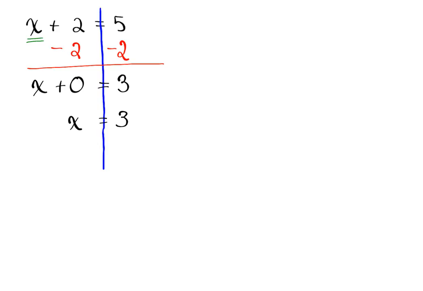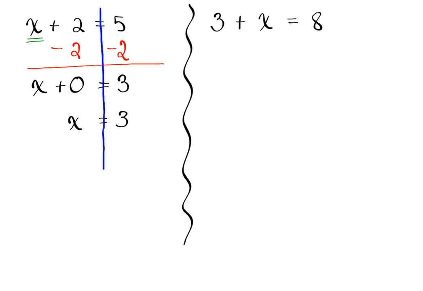Okay, there's one example. Let's talk about one where the x and the 2 are changed positions. Just look at one like maybe 3 plus x equals 8. All right, now, what's between the x and the 3?